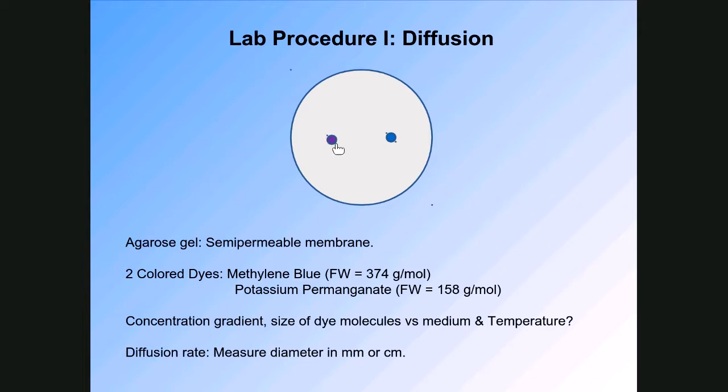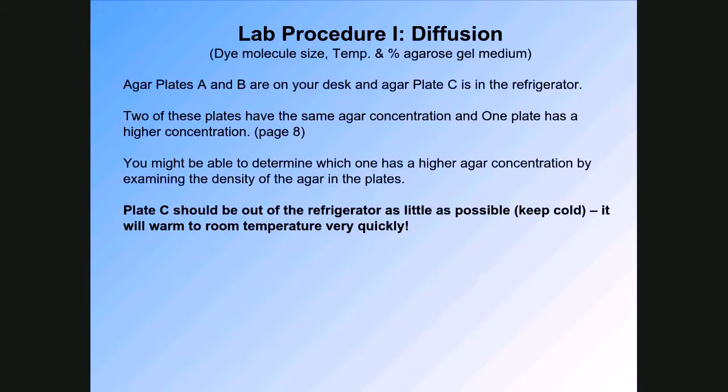As I said, there's a video to watch. He sets up the experiment. He puts the drop of dye in this medium called agar or agarose gel, and then he'll take a measurement of the diameter, and then every 15 minutes he'll measure it again and again. Measuring the diameter of the dye every 15 minutes is how we're determining if diffusion occurs. So I'm sorry I forgot to point that out.